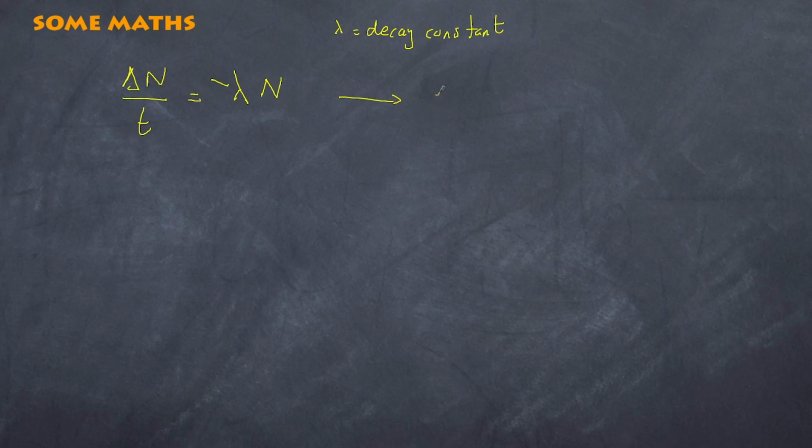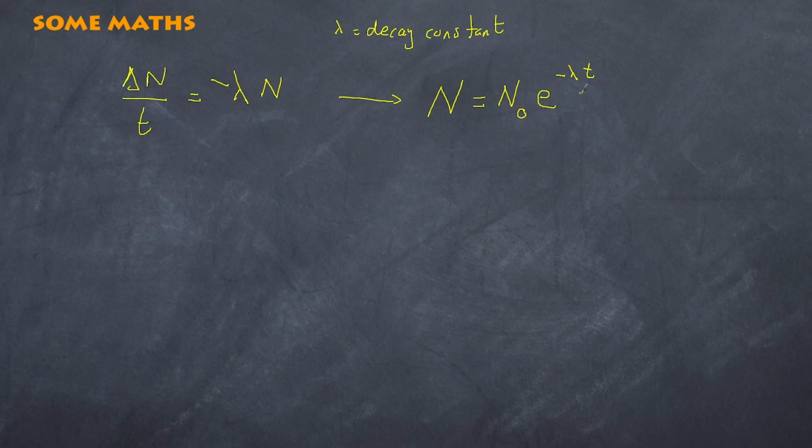But if I were to use some calculus, I'm going to get a reformulation that says this: N is equal to N naught e to the negative lambda t. Now, N is the amount that you have left over. N naught is the original amount. e, of course, is your natural log base, negative decay constant, and then the time that has elapsed. So obviously we have different times that will give us different amounts left.